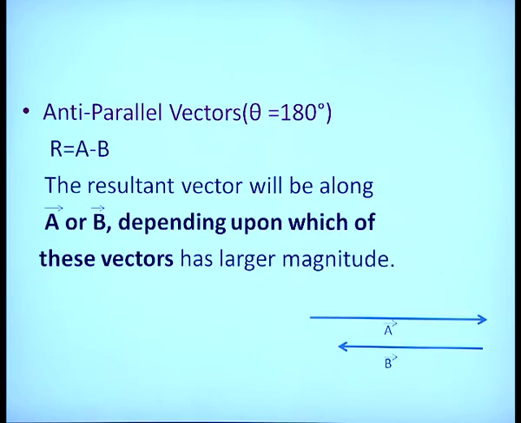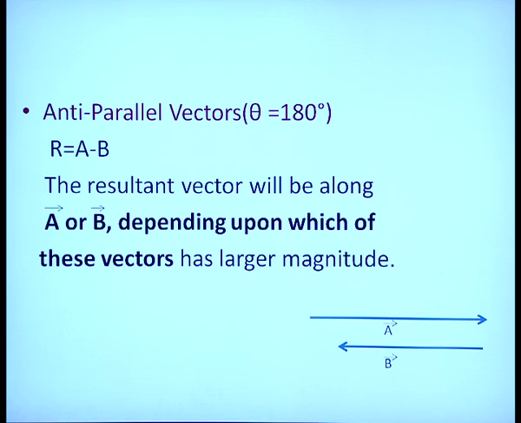Now, in the case of antiparallel vectors, the angle between them is 180 degree, that means theta equal to 180 degree. You can see on your screen that vector A and vector B are antiparallel vectors, they are opposite in direction, and the angle between them is 180 degree.